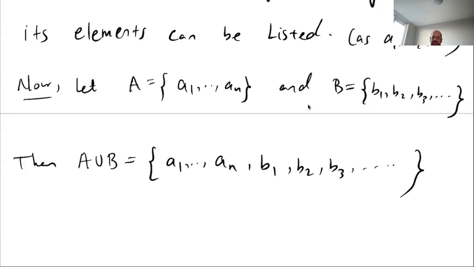Right? So this is A union B, and we listed all the elements. First element, we listed A1, second element A2, nth element AN, n plus first element B1, n plus second element B2, n plus third element B3, and so on.